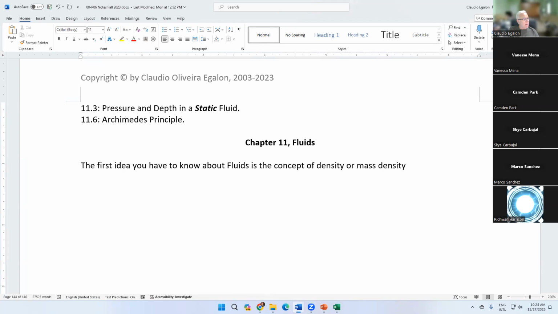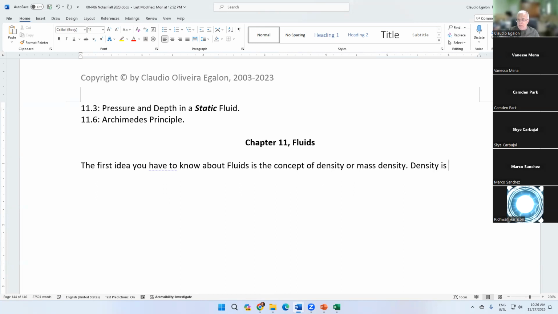If materials are made of the same substance, they are going to end up having the same density, even though they do not necessarily have the same mass, okay? And because of this characteristic among materials of the same composition, we come up with the definition of density.